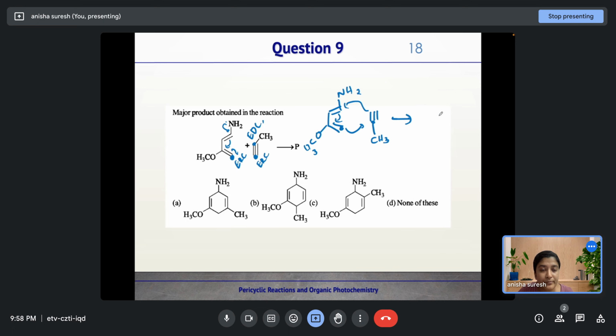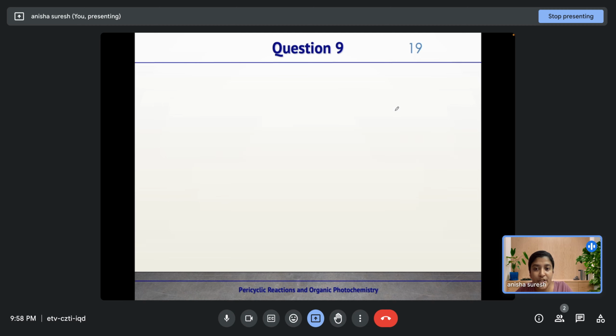Okay, so I will write in the next page. Here NH2, OCH3. So this is the electron rich center. Here this is the electron rich center and this is the electron deficient center.